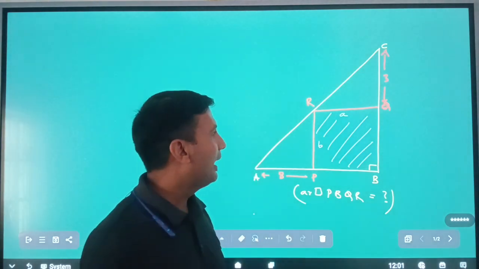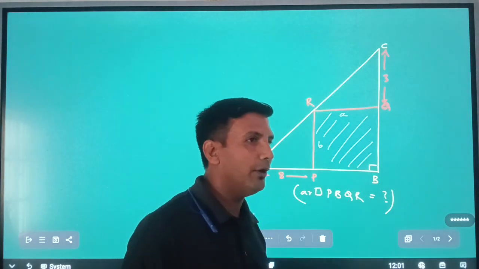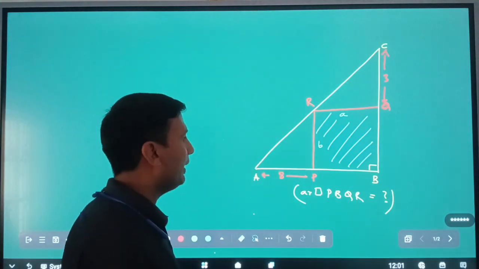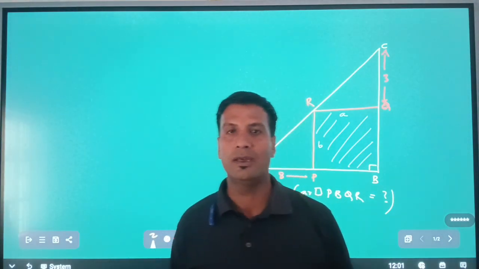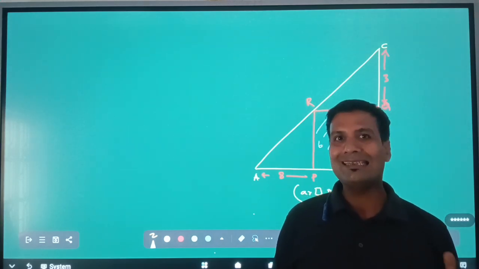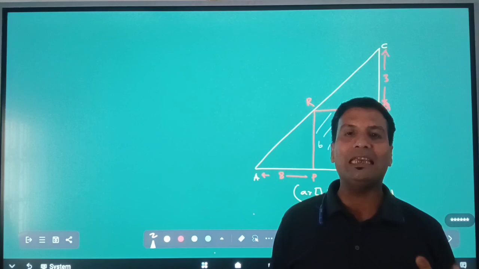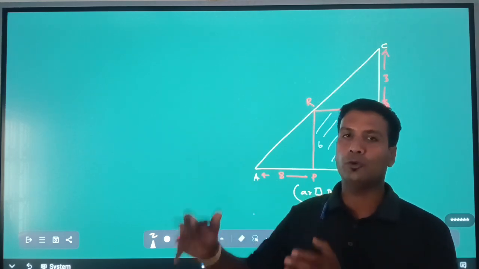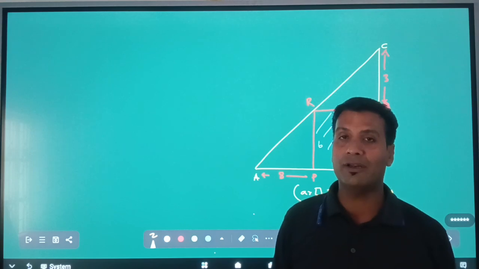So think over it, and as we have studied in the class 10 syllabus, the similarity of triangles. What does the similarity of triangles say, how will you build up the similarity of triangles? There are two criteria that we can go for. That is AAA, two triangles should be equiangular, their corresponding angles should be equal, then it must be a pair of similar triangles.